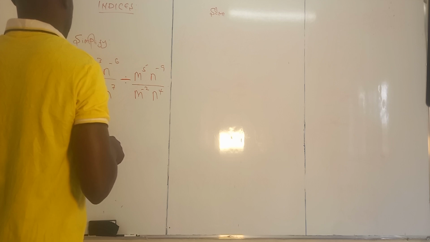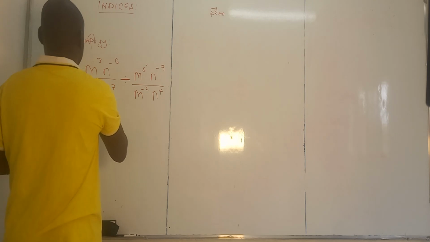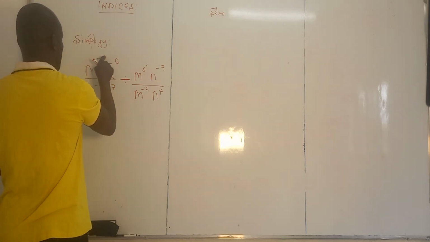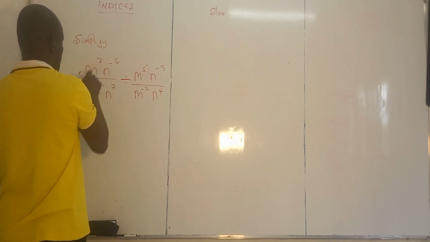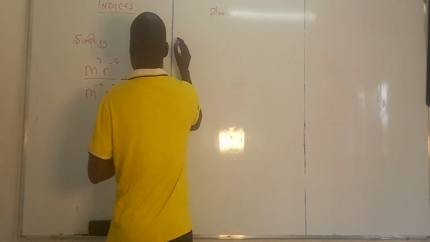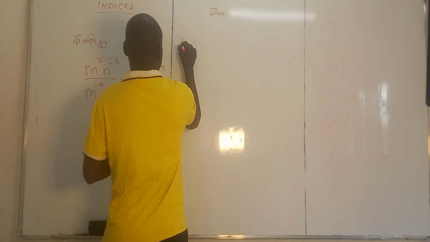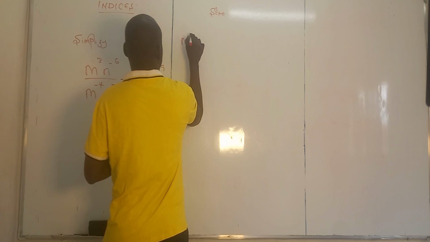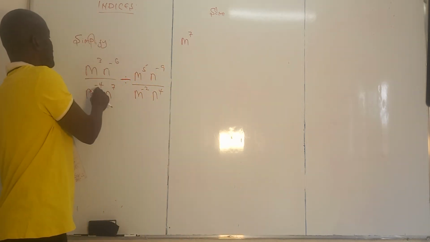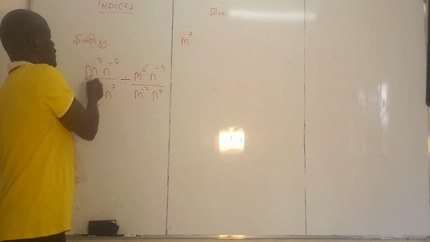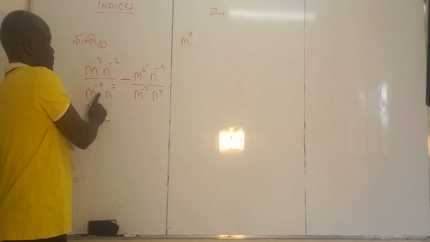If we do that, let's take the first case of m. We have m raised to power 3, but we also have some m raised to power negative 4. So in effect, I should be having m raised to power 7, because 3 minus 4 is 7. So I've taken care of m in that particular case.